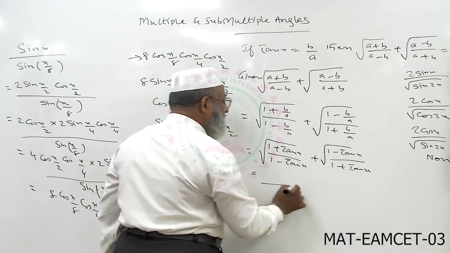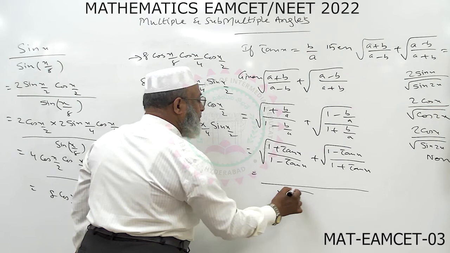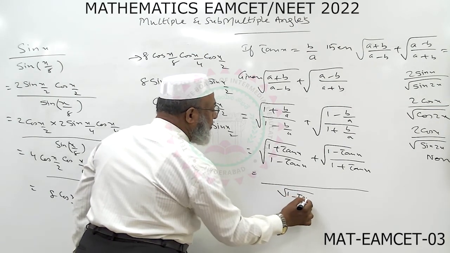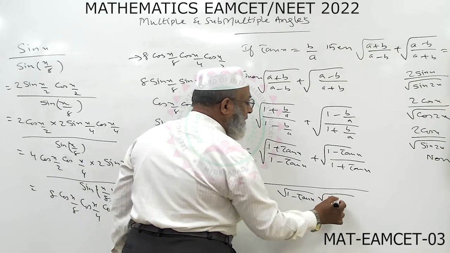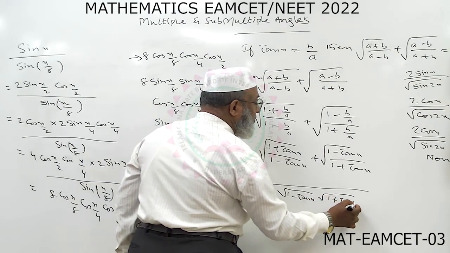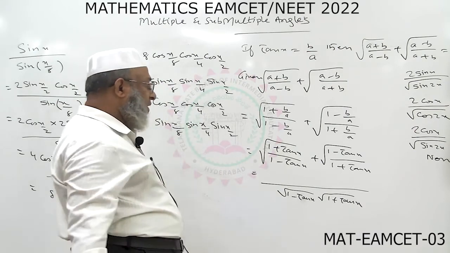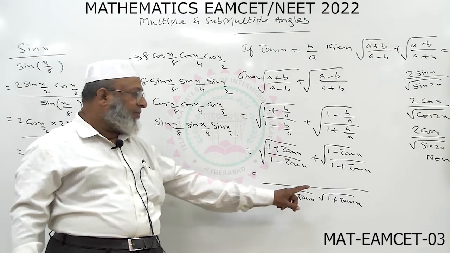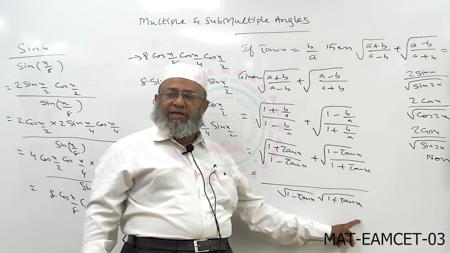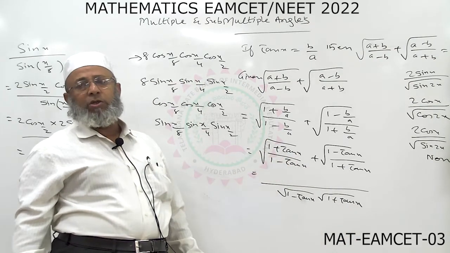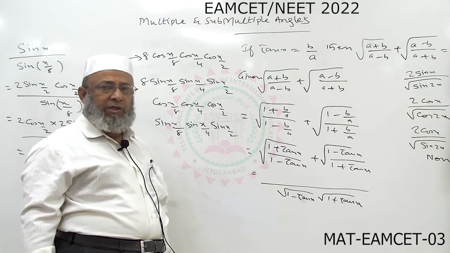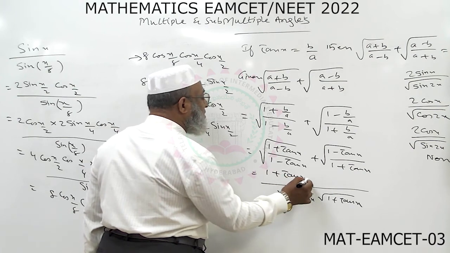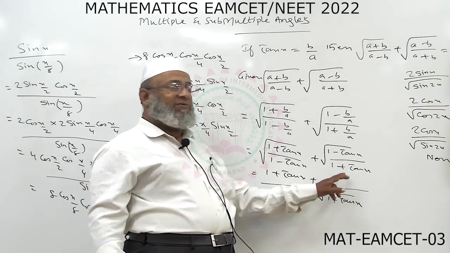If I take the LCM of this, the LCM is root of 1 minus tan x into root of 1 plus tan x, isn't it? 1 minus tan x, 1 minus tan x cancel, which leaves me 1 plus tan x. 1 plus tan x into root of 1 plus tan x, root 2 into root 2 cancel. So that is 2, which gives me 1 plus tan x. Plus 1 plus tan x, 1 plus tan x cancel.